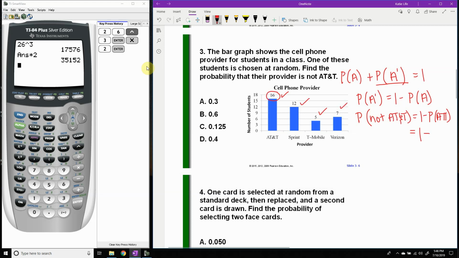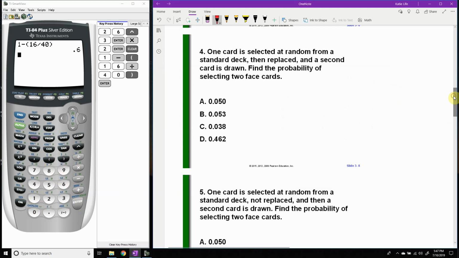So the probability that they have AT&T is 16 out of 40. Okay. So we go over to the calculator, do this out using parentheses on our fraction. 1 minus 16/40ths will be 0.6. B.